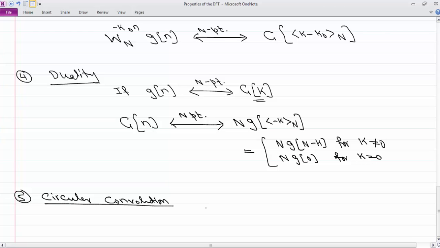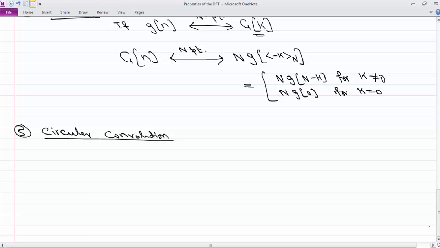Now, this circular convolution property of DFT is what helps us do that. Circular convolution is related to linear convolution, and that's what we need to understand. What is the relationship and what is the property?